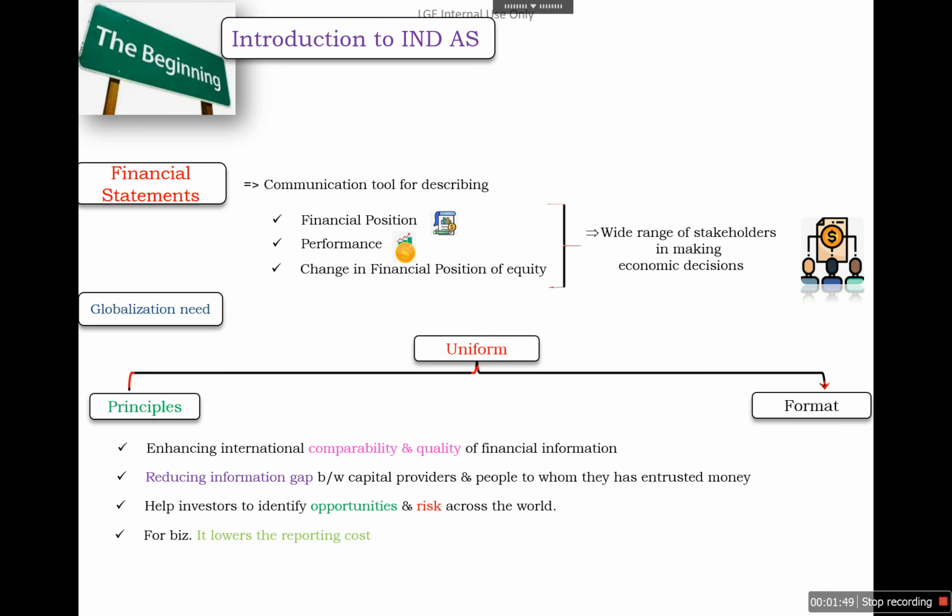Otherwise, it has to make financial statements according to the different accounting principles of each country. Apart from it, it also makes it easy to consolidate the financial statements and reduces the number of different reportings for the purpose of the entity.